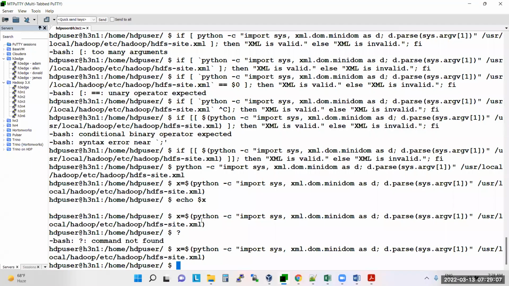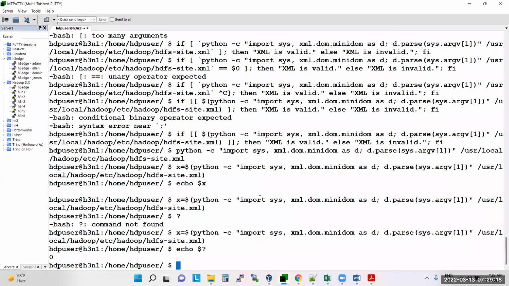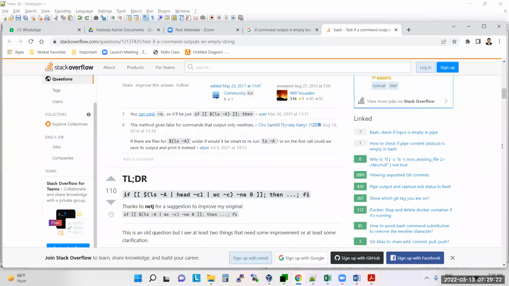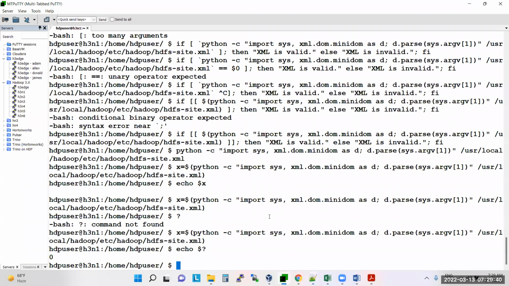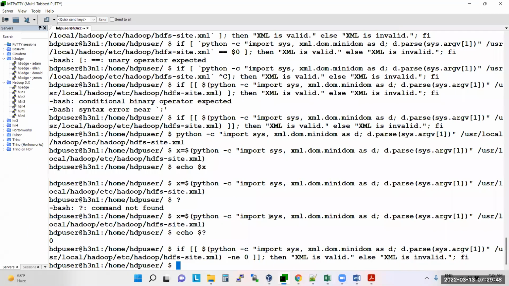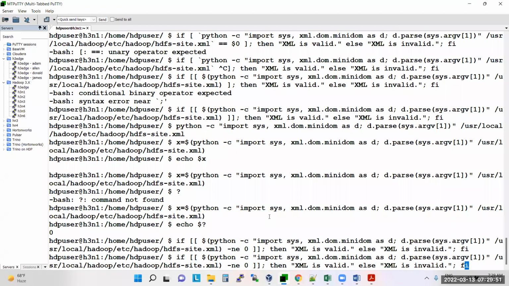You're not successful, right? I'm getting output. What is this?